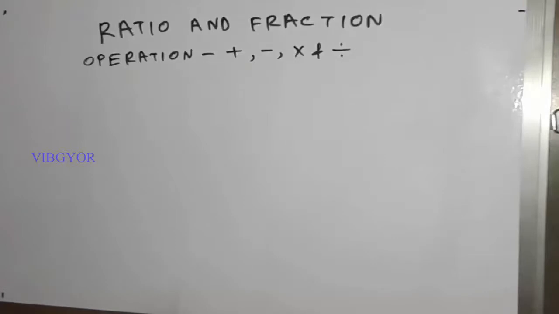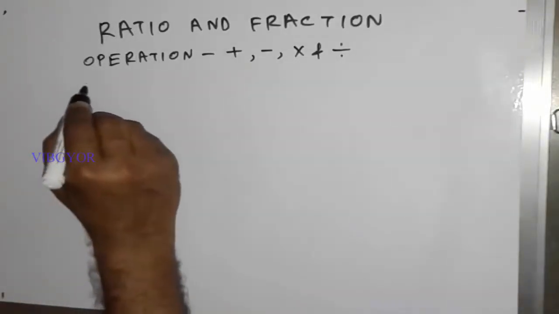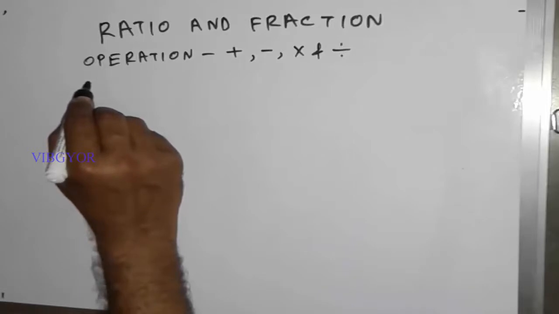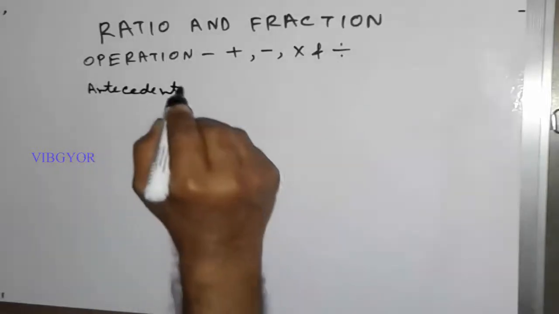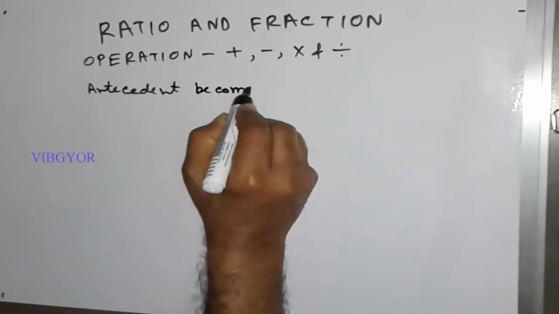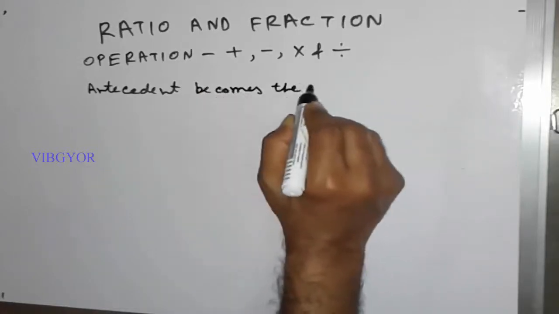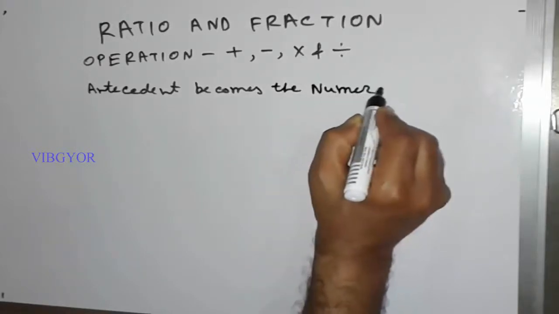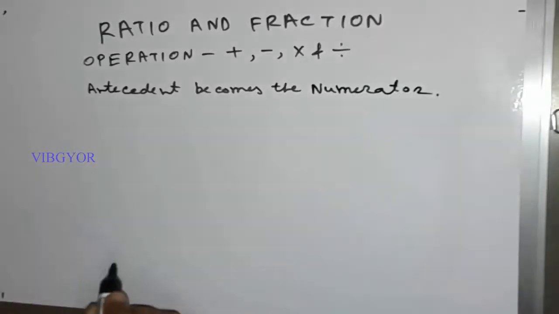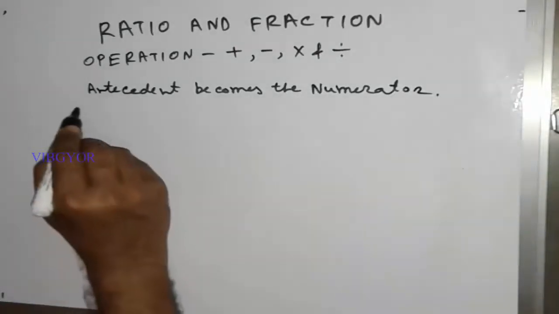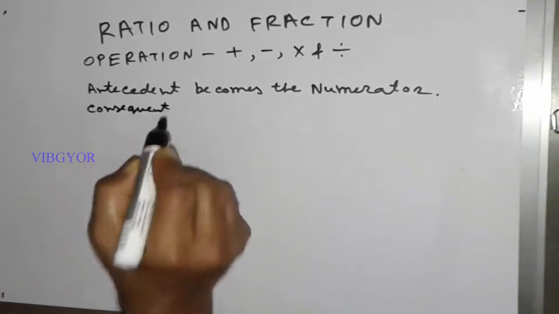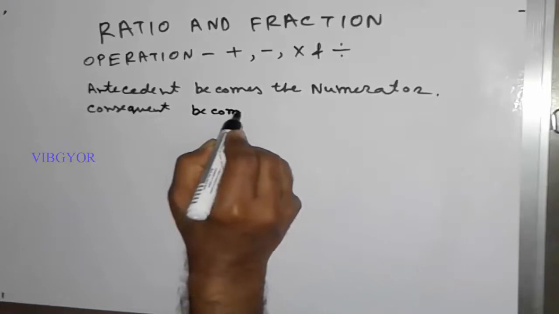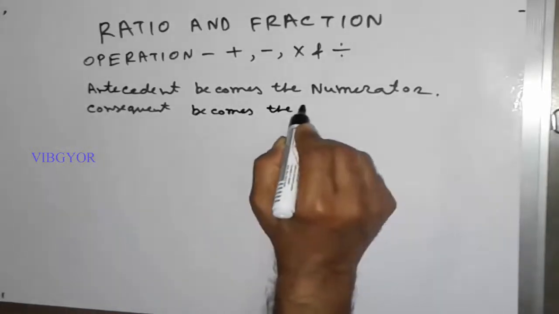In this case, the first term, that is the antecedent, becomes the numerator, and the second term, that is the consequent, becomes the denominator.